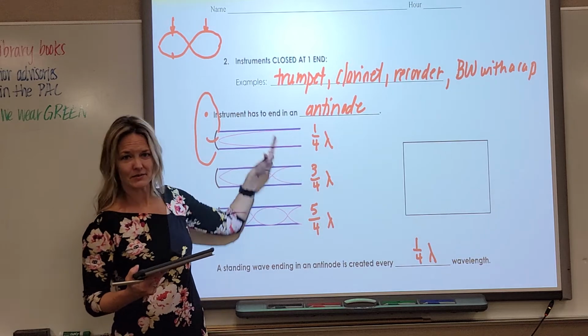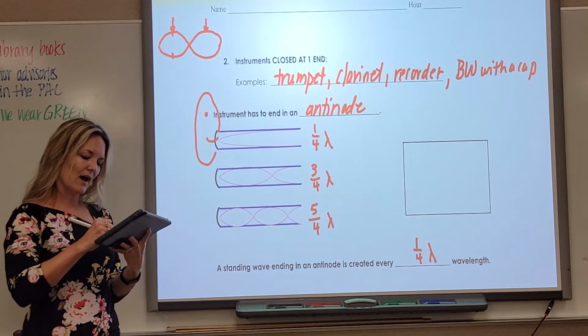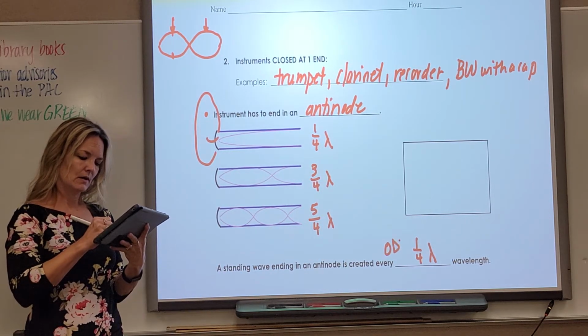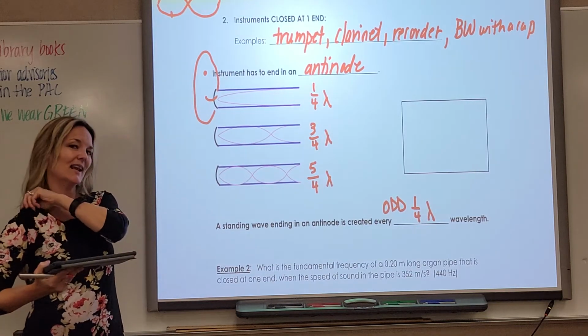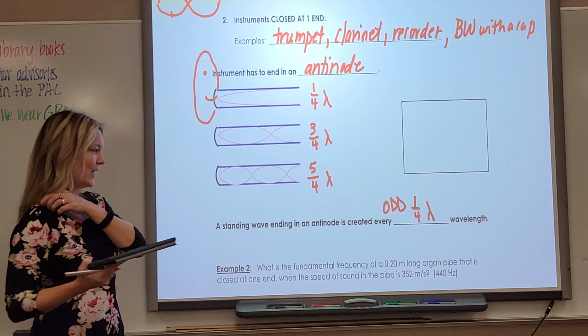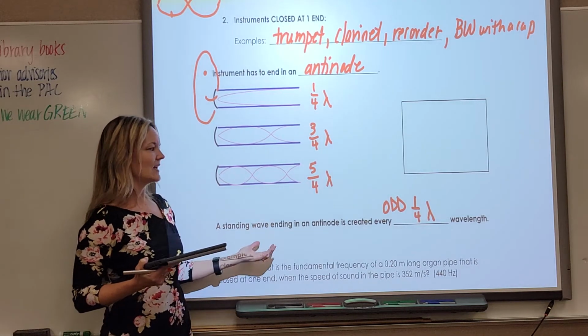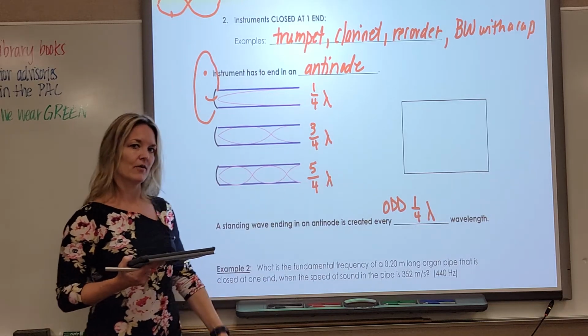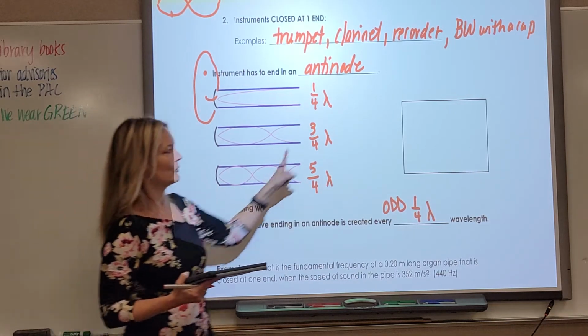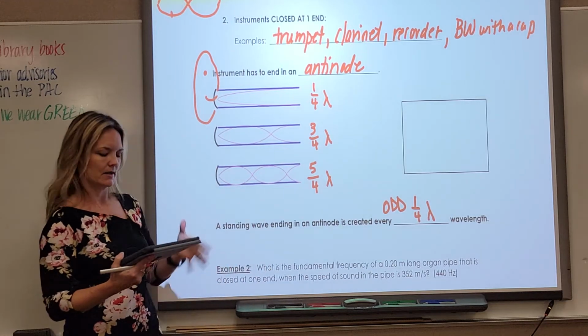Not 4/4, that doesn't work. It's only the odd numbers. So for this kind of instrument to end in an antinode to get the musical note to play, that only happens every odd 1/4 of a wavelength. Once again, when we get the equation, it has to factor into it.